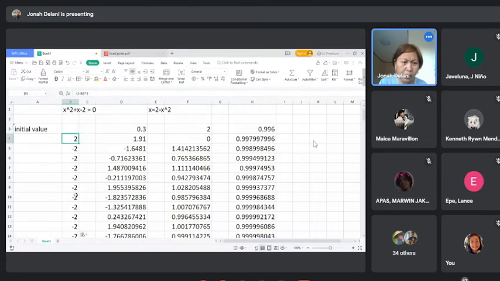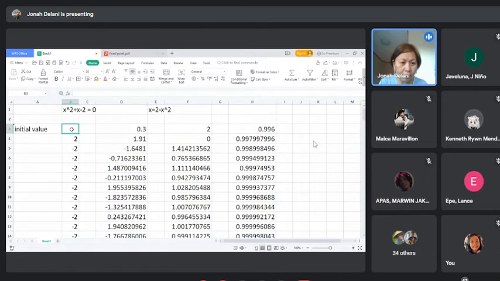Notice, 2 minus, the formula above is 2 minus B3 squared. The B3 is here. So whatever is the value here, it will compute here. Next, 2 minus B4 squared. It looks at the value above using the same formula.